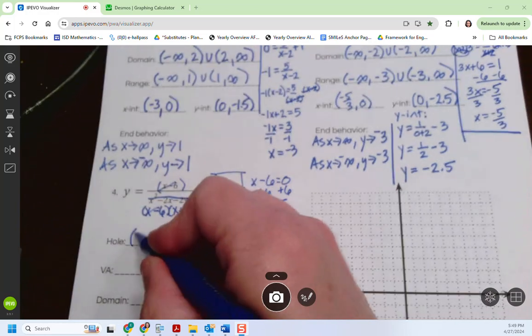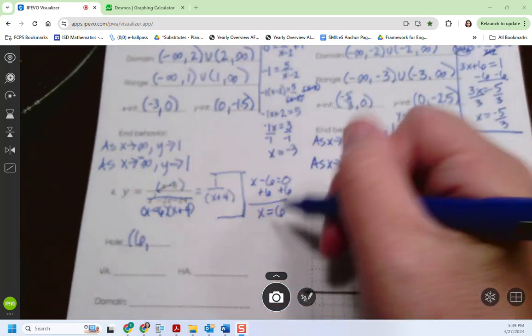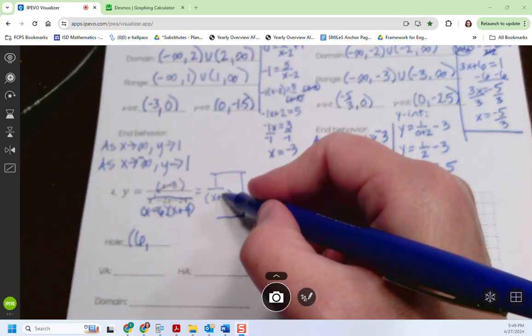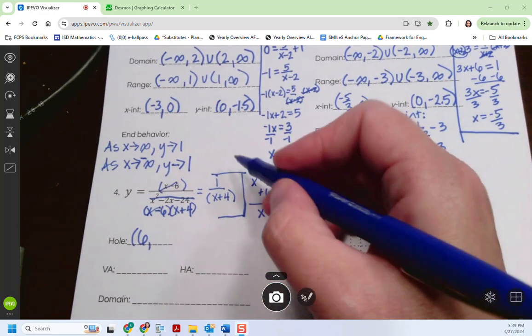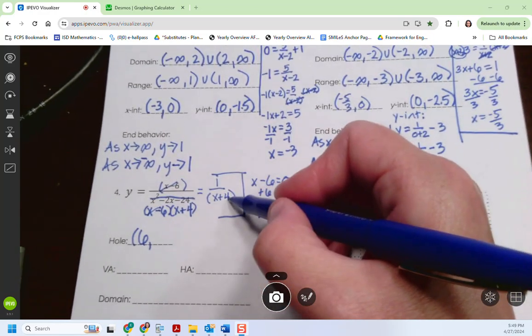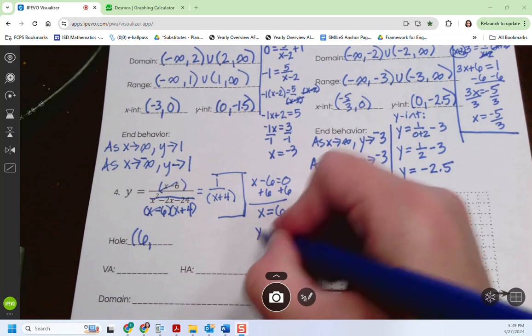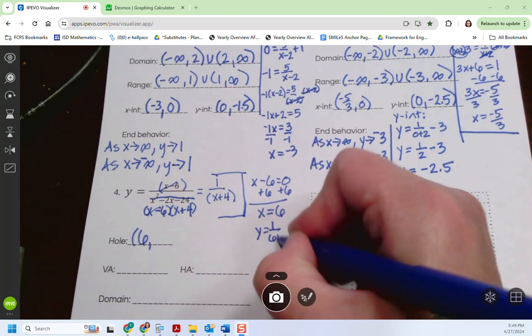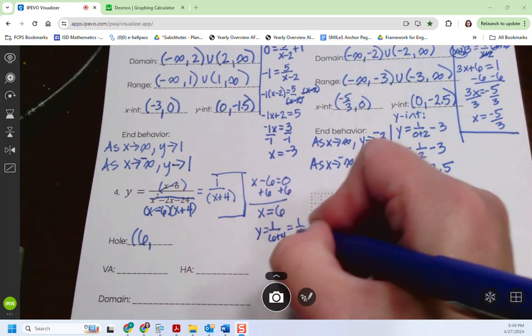So the x-coordinate is 6. Then you substitute this back into your simplified fraction, and I'm going to do 1 over 6 plus 4. Y equals 1 over 6 plus 4, which is 1/10. It's pretty small.